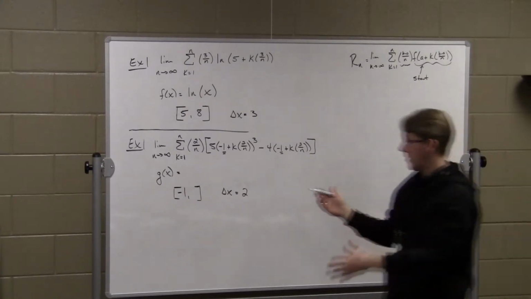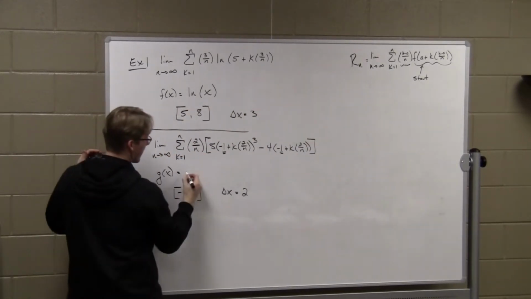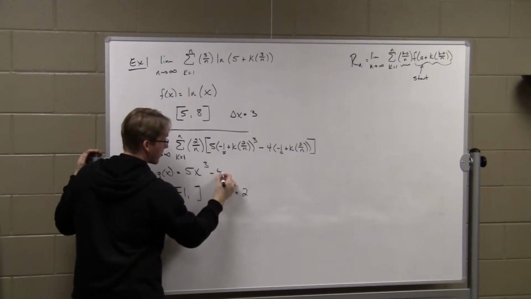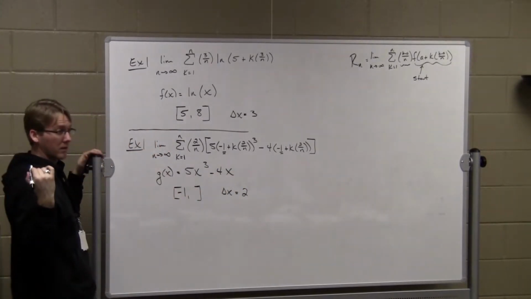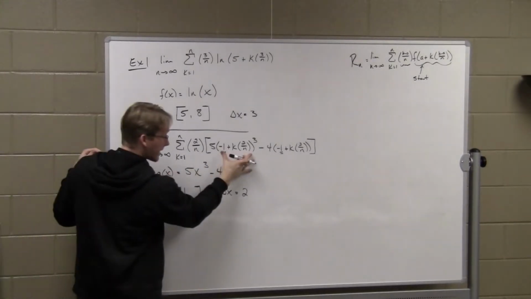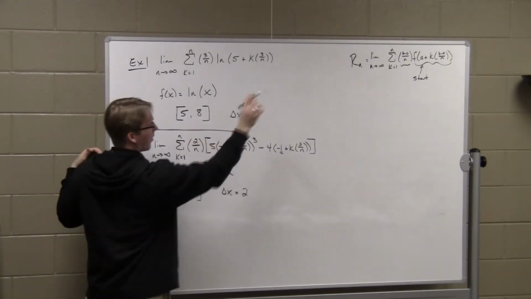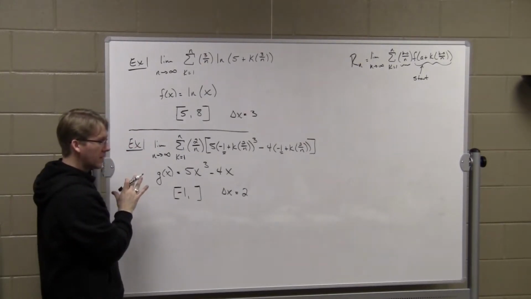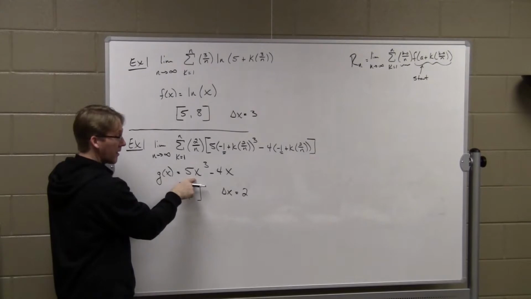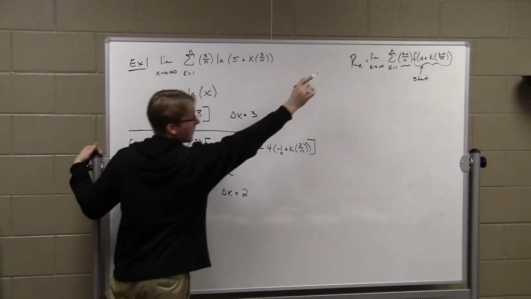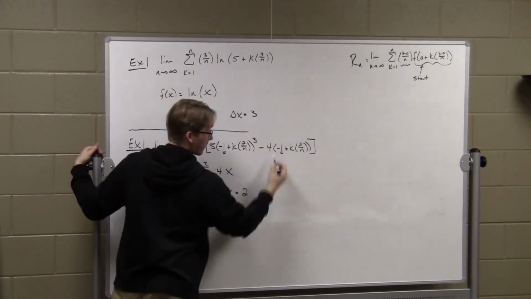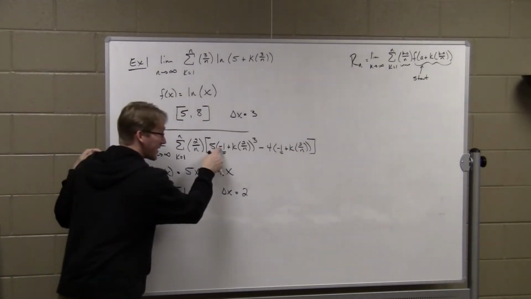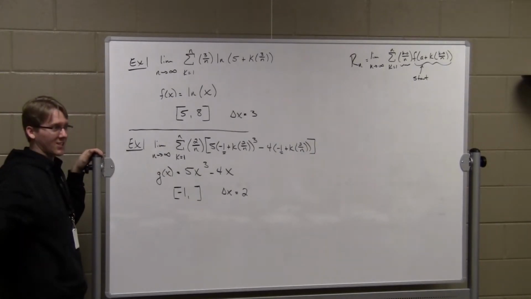Our function is going to be 5 times blah cubed minus 4 times blah. That's the x where we plug all that in. This is the reason that it starts at -1.